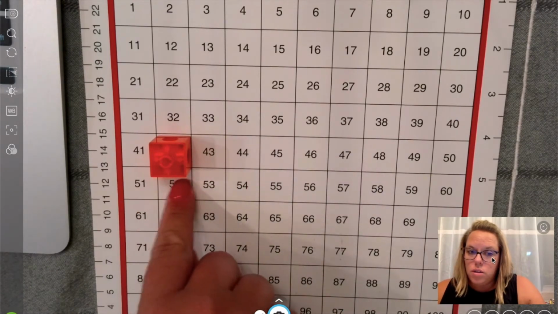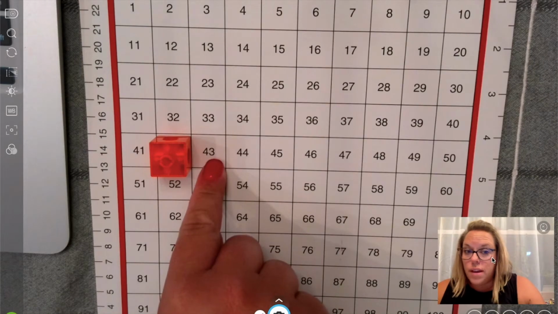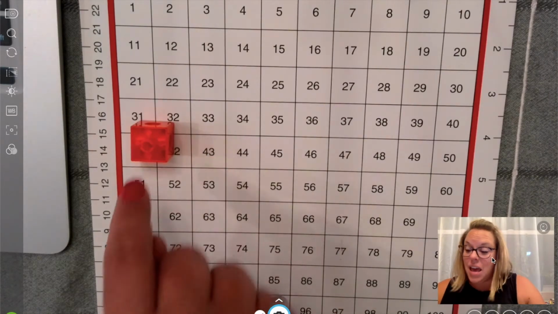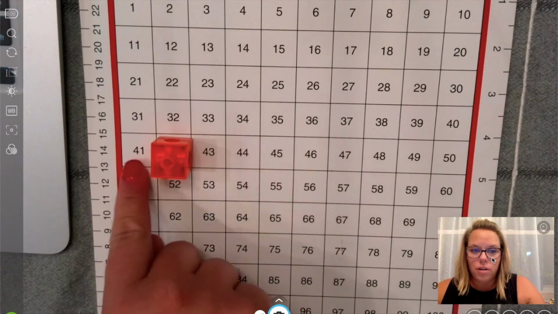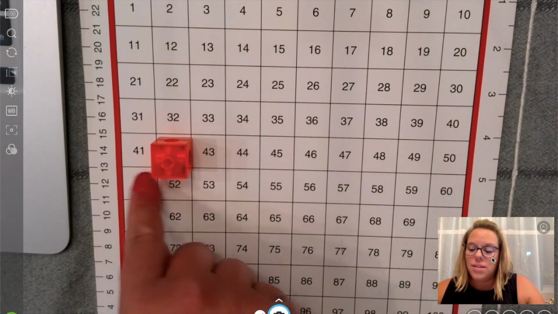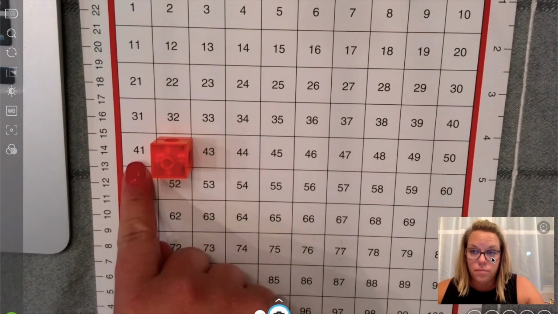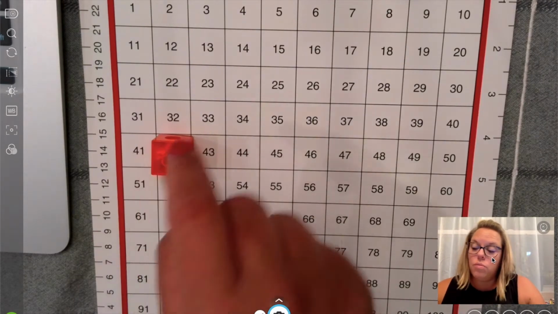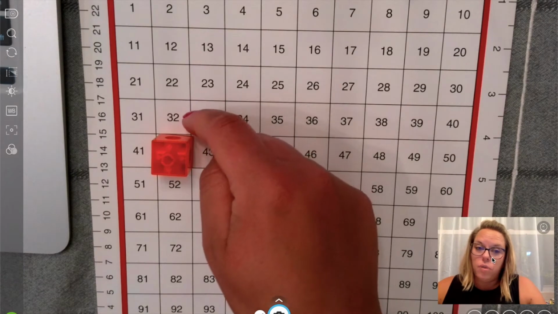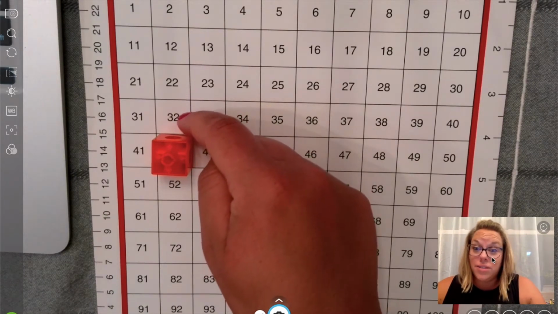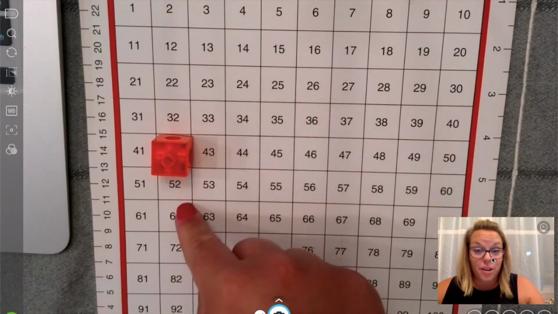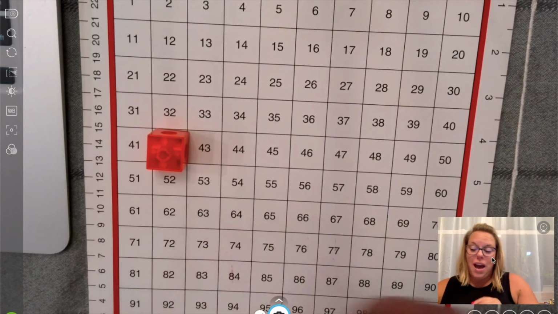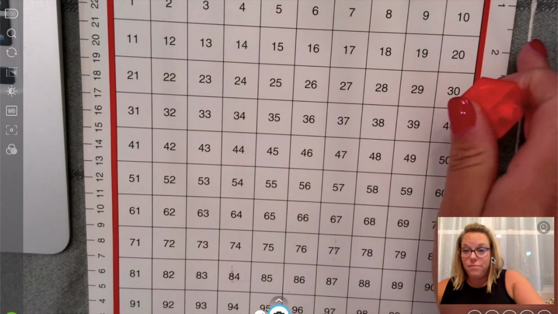What's after 42? 43 is. And what comes before 42? What's to the left of 42? 41. Great. Now start back at 42. What's above it? Above 42 is 32. And below it is 52. Great job. Go ahead and take that linking cube off.